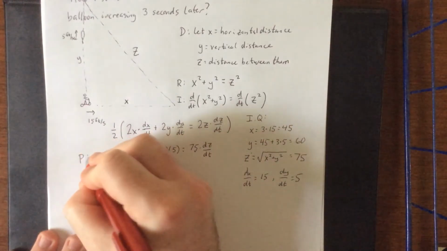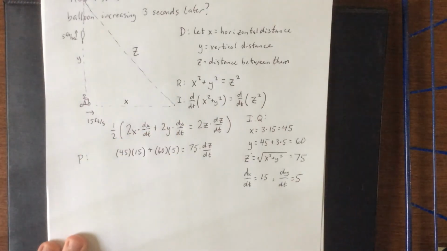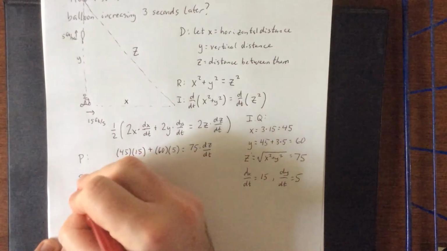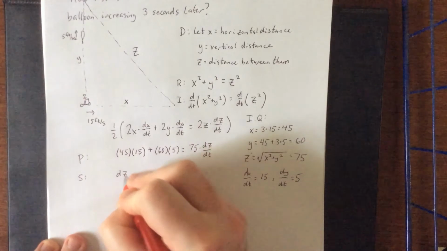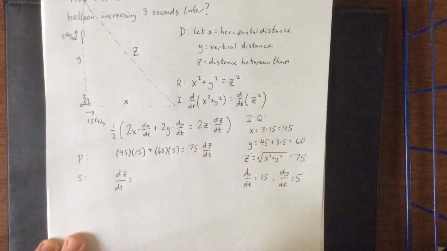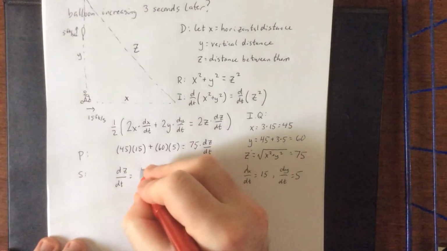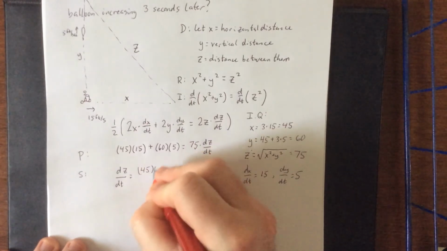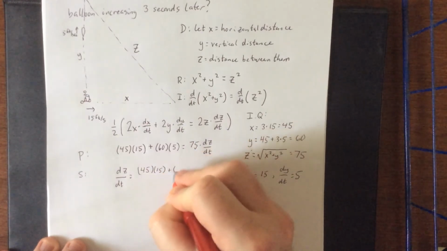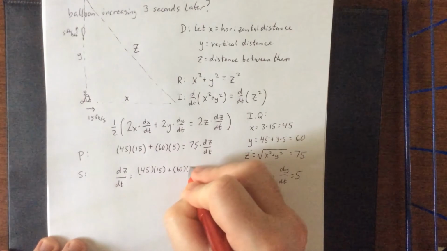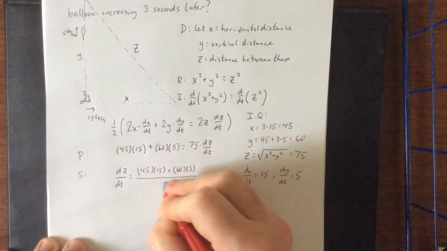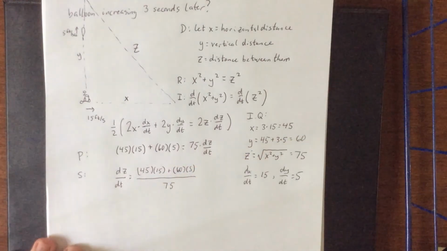This step would be the P of our DRIPS process, where we plug stuff in. Then we actually solve for the quantity that we're trying to get. That'll be dz over dt is equal to 45 times 15 plus 60 times 5 all over 75.